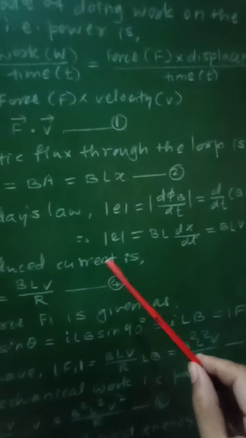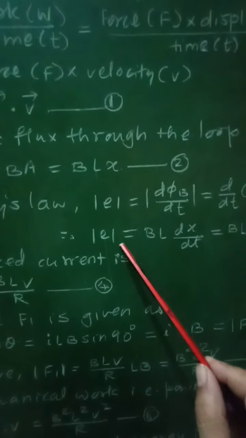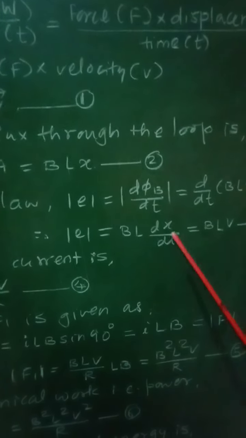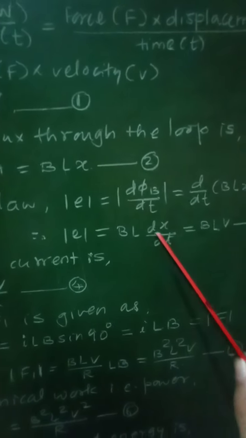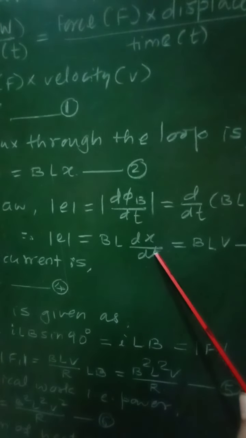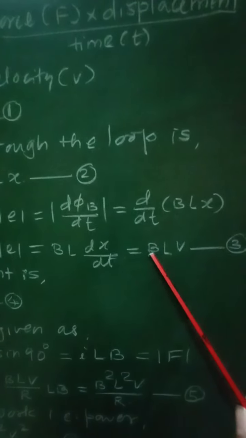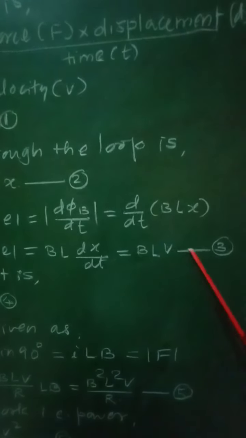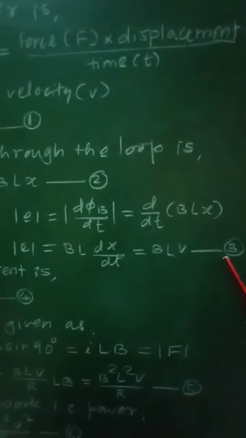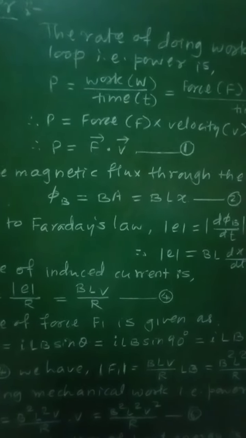Therefore the magnitude of induced EMF E is equal to BL into dx by dt. But dx by dt, the rate of change of displacement with respect to time, is nothing but velocity, and therefore the magnitude of E will be equal to BLv, as equation number 3. So we have got the magnitude of the induced EMF equal to BLv.